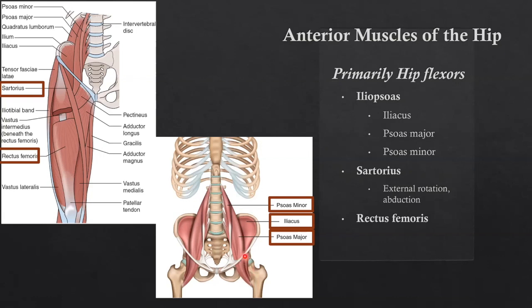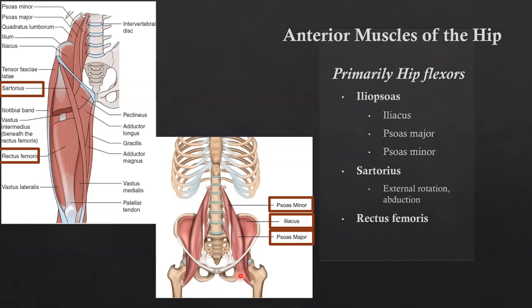The iliopsoas is made of the iliacus, which is found on the iliac fossa, and we also have our psoas major and minor muscles, which originate on the lumbar aspect of our vertebral column.